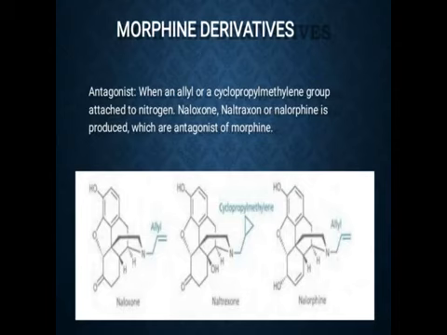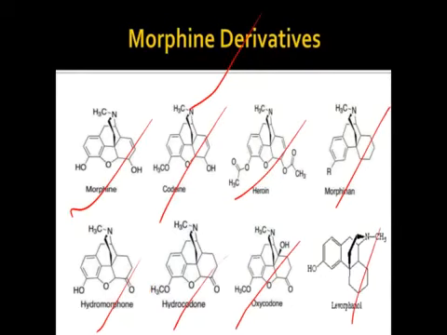When an allyl or cyclopropyl methyl group is attached to the nitrogen, so here nitrogen is present. If you observe the structure of naloxone, naltrexone, nalorphine, these three are the antagonists of morphine. If you see the structure of morphine, on the nitrogen there is a CH3 present.